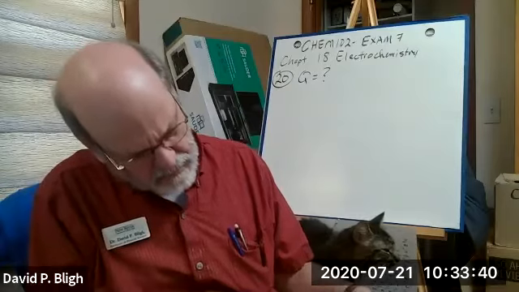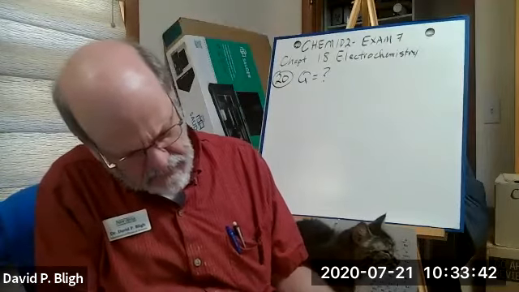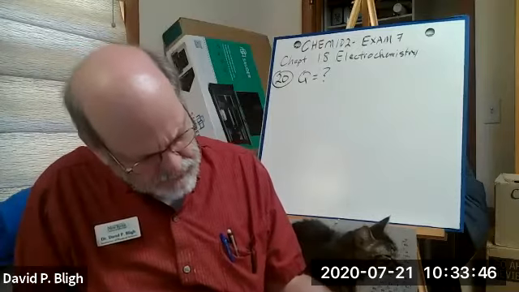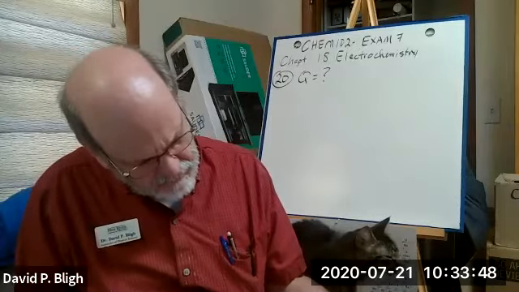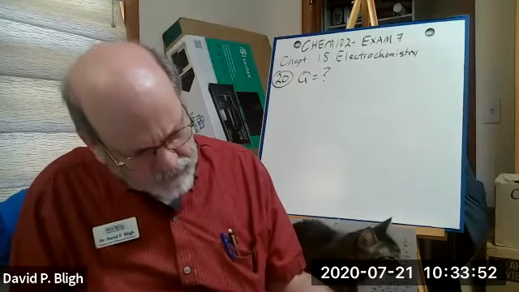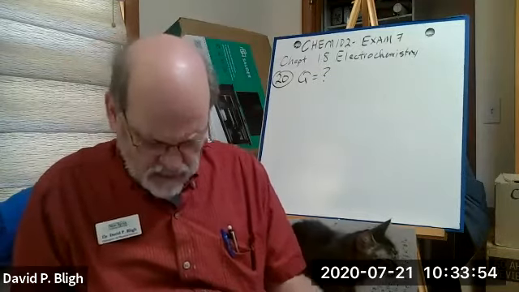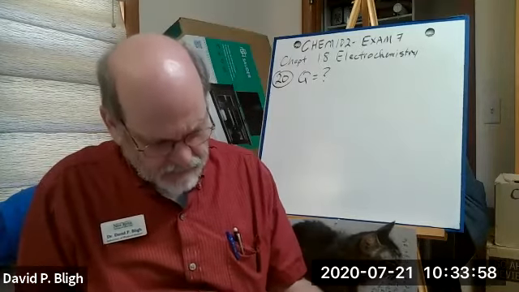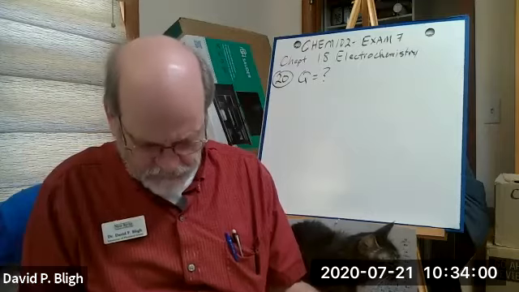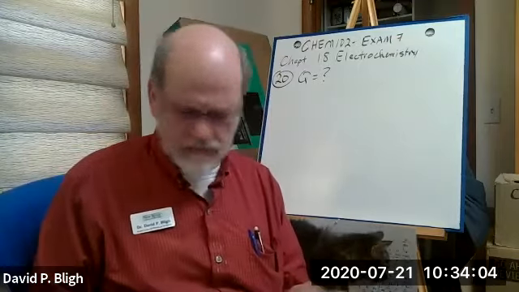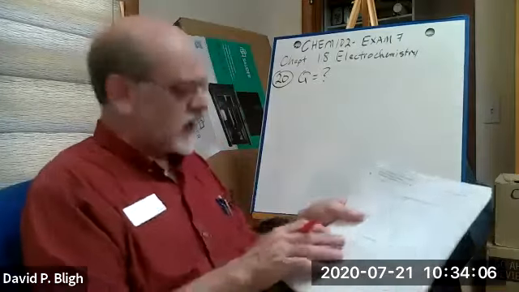Okay. I think the only thing we haven't covered yet is equivalence of G and the electrolytic cell. So I think we've got time to do this, what did I say, 20?